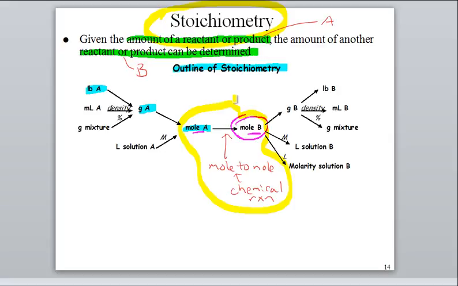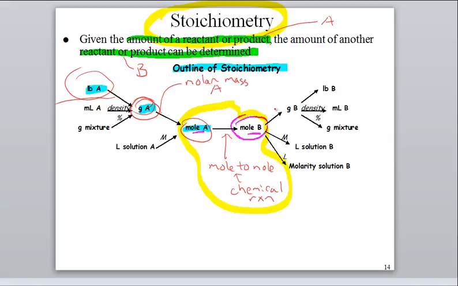As far as the other units, well, what do we see? What are we going between? If we were going between grams and moles, what gives you grams to moles, oh, that's the molar mass. And that would be the molar mass of whatever the A is, whatever formula it is. If I was going between pounds and grams, well, that relationship, that's given to you in the information packet.